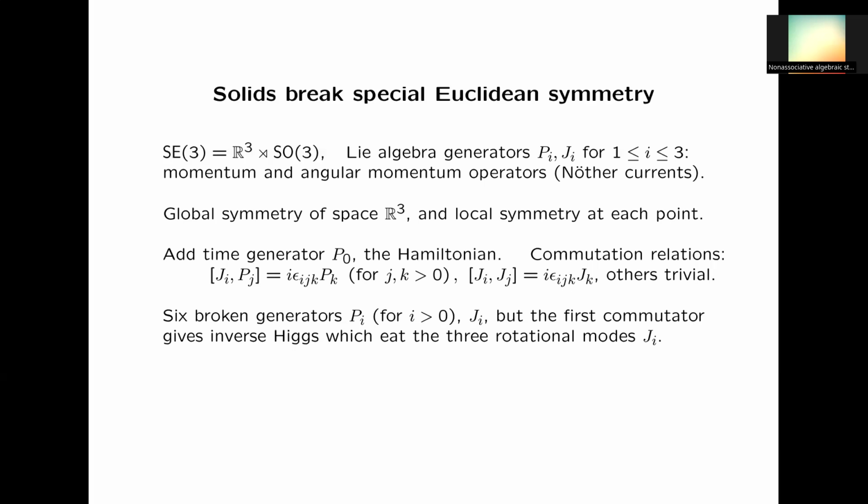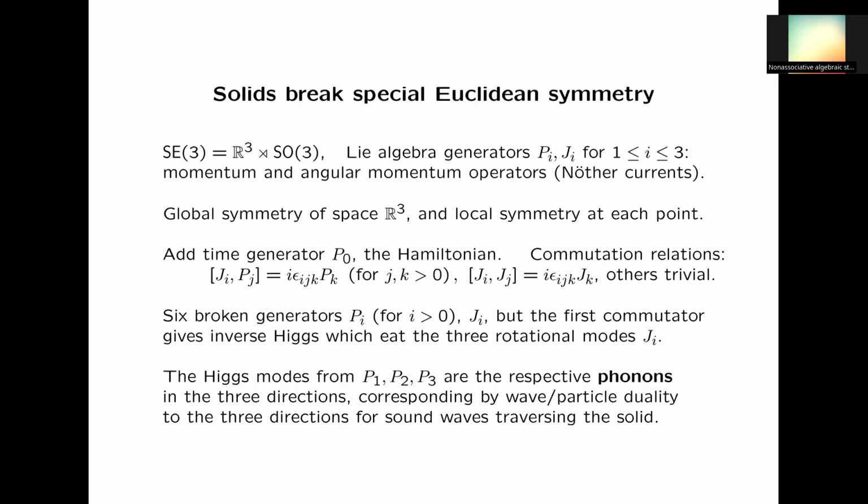Basically, if I just get the center of mass and determine that, this one happens to be symmetrical, but that's limiting the symmetries that are available to all the individual points in the solid. So that's why stuff is solid, why stuff all moves together, because of the broken symmetry here. And then the Higgs modes from P1, P2, P3 from the space translations, those are the phonons.